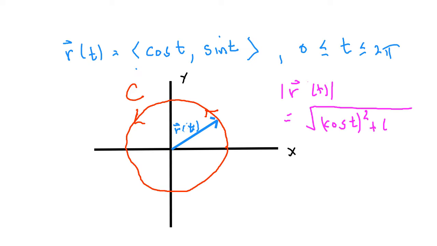We square each component, add the components together, and then take the square root of the sum. So in this case, we have the square root of cosine squared of t plus sine squared of t.